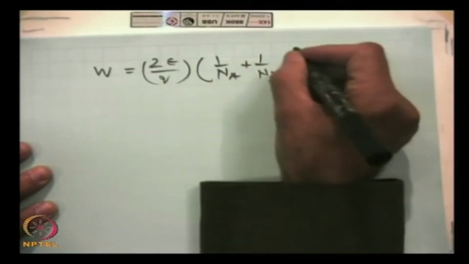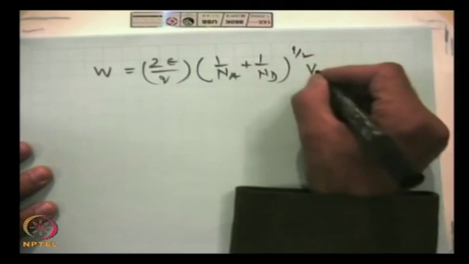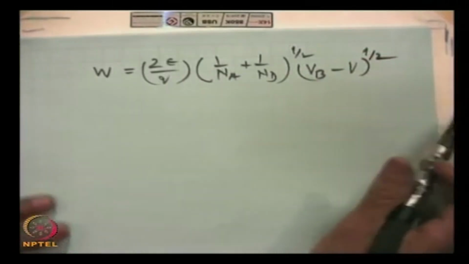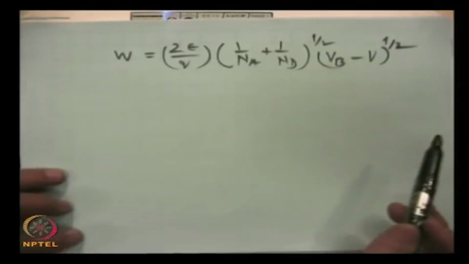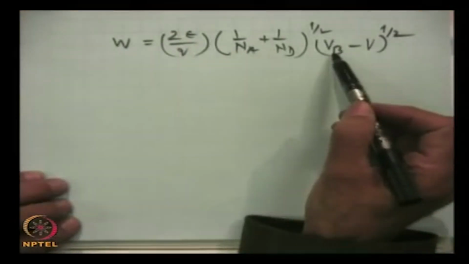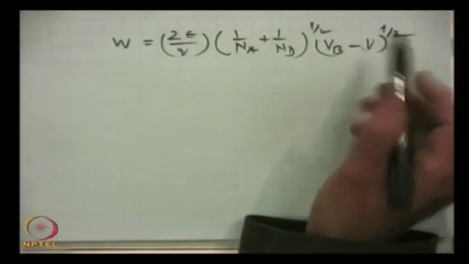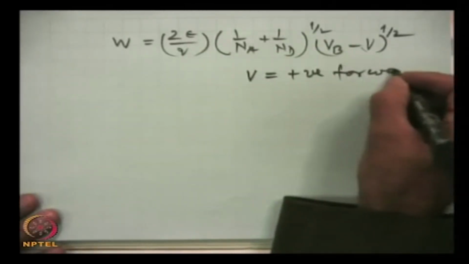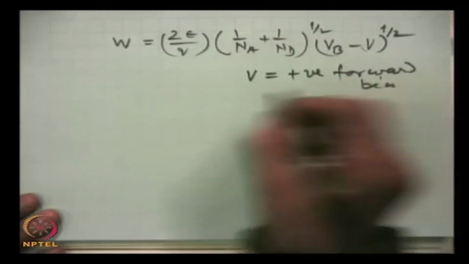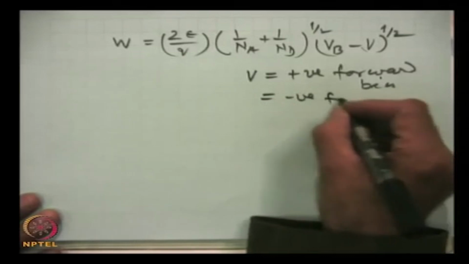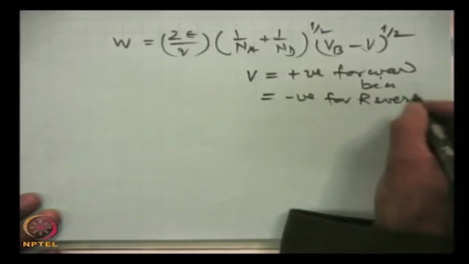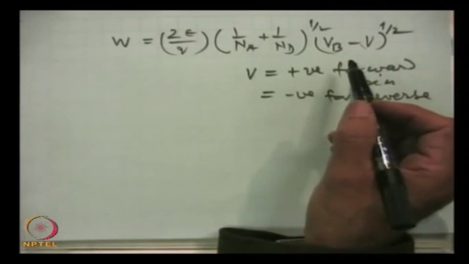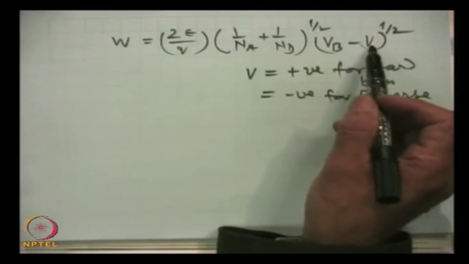This is the expression, this is the applied voltage, and this is the built-in voltage. Now, V is positive for forward bias and negative for reverse bias. So, we have to substitute in this expression V with the proper sign.